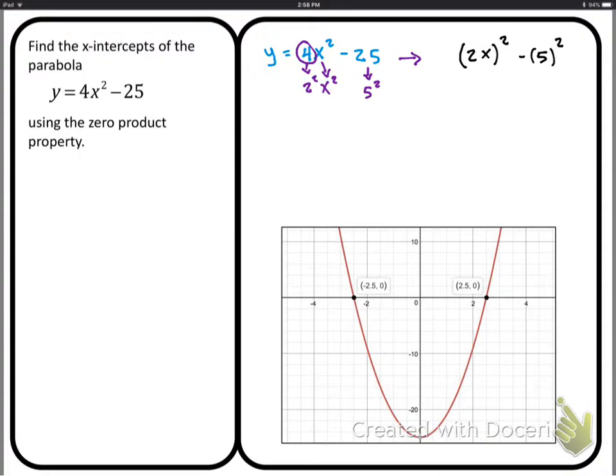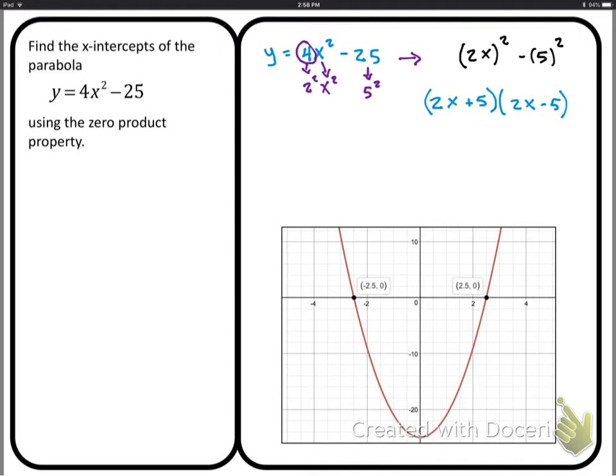If I have a difference of two squares, I know that my factors are going to be 2x plus 5 and 2x minus 5. That plus 5 and that minus 5 gets rid of the middle x term. The b term is not there, which is why this doesn't have 3 terms.